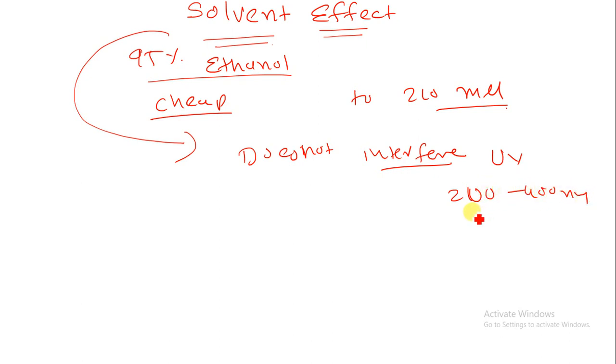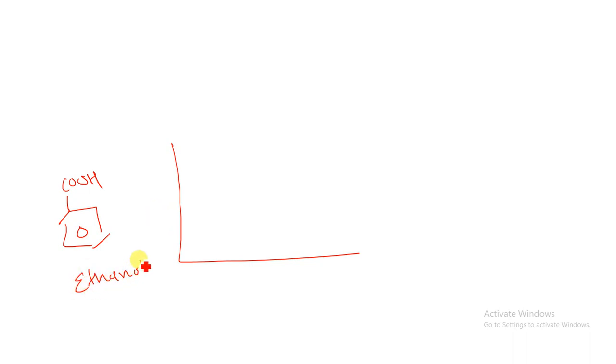Suppose I want to take a UV spectroscopy graph of benzoic acid and solubilize it. At that time I have to remember that ethanol, if I am using ethanol, should not give any intense peak in the region of 200 to 400 nanometer.